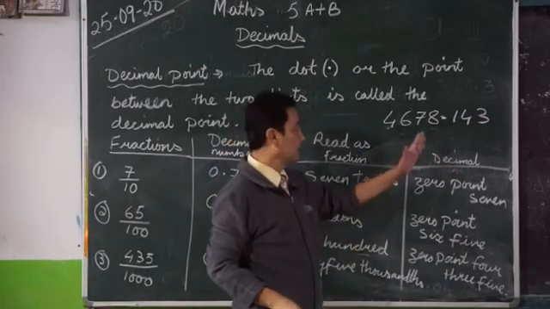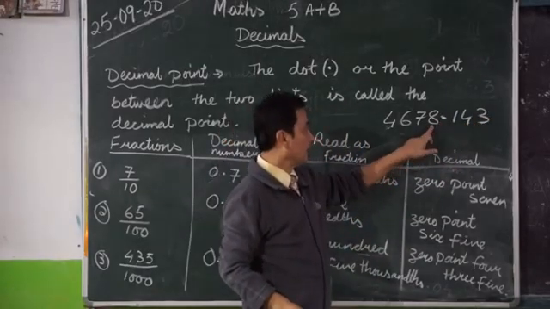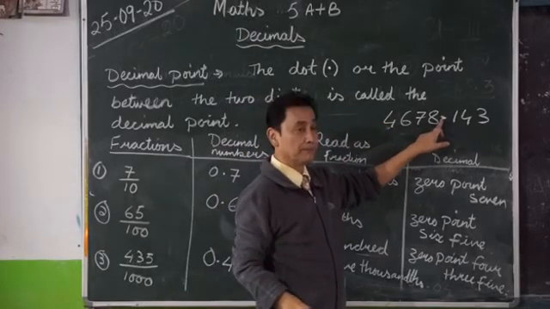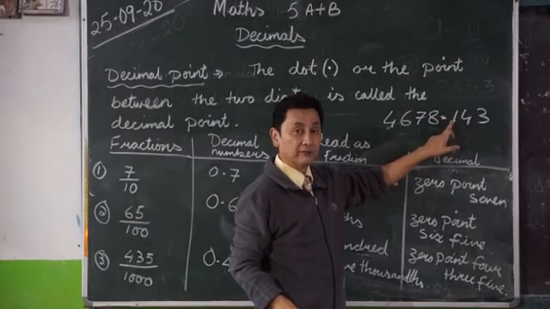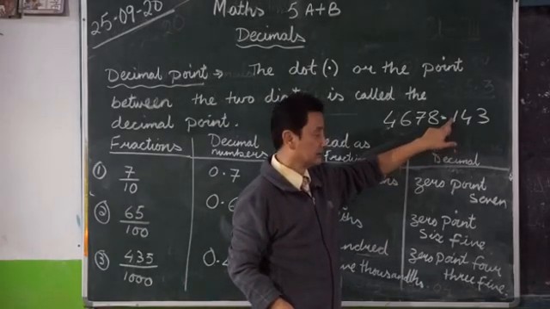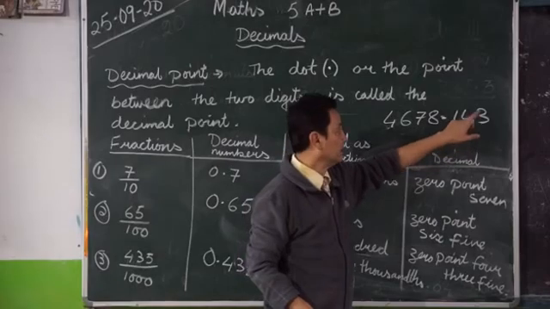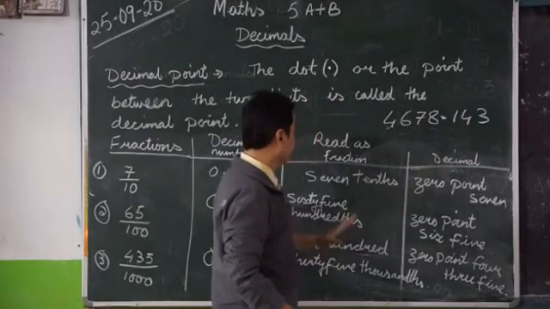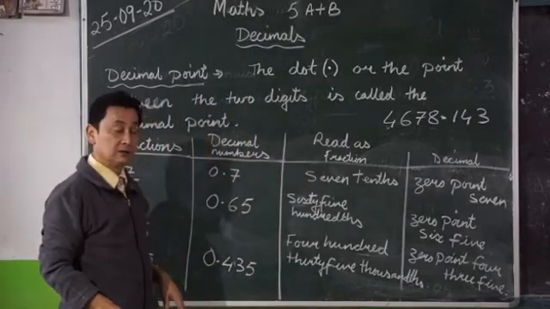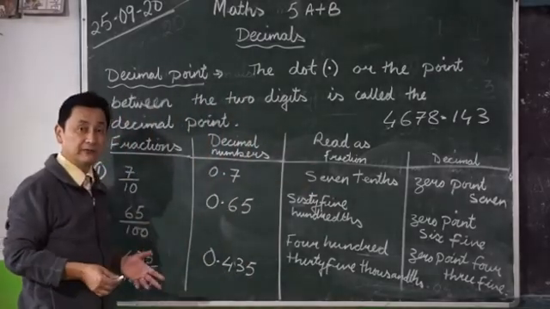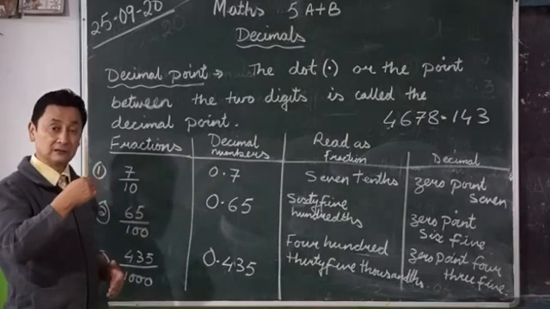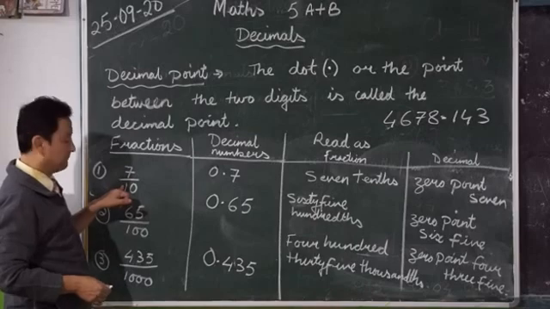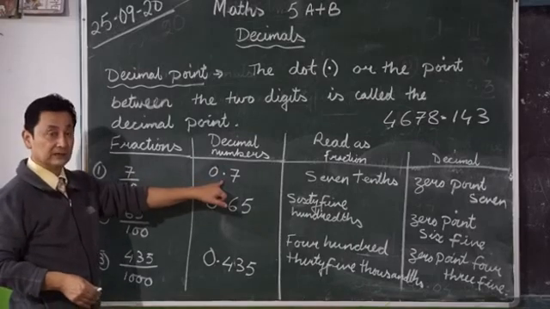Let's look at the numbers that come before the decimal point: ones, tens, hundreds, thousands. After the point we begin with tenths, hundredths, thousandths. Remember that. Then we did the place value chart of the different numbers, how they can be written as fractions and as decimals.